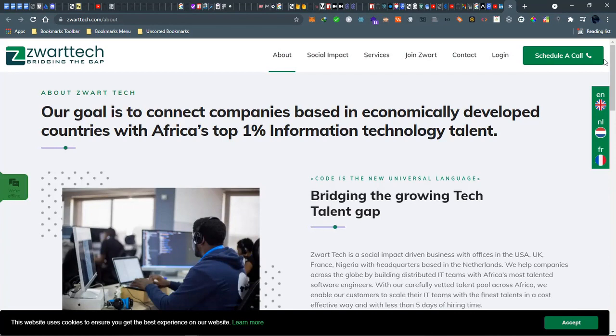For Silicon Valley, it's around 100. I'll share a list of the different payments. But sometimes it's not always about the money, but the solution that you're providing.